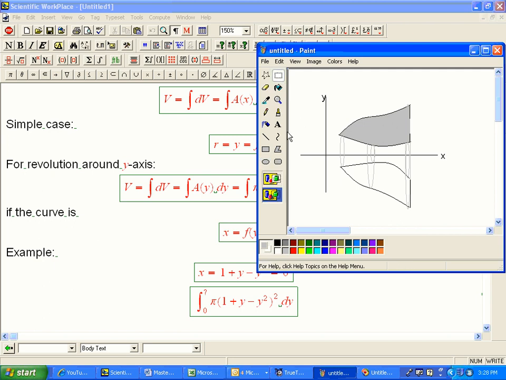So if this, let's say up here, that's y equals f of x. And down here, this curve down here is y equals g of x.